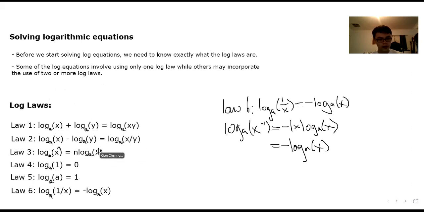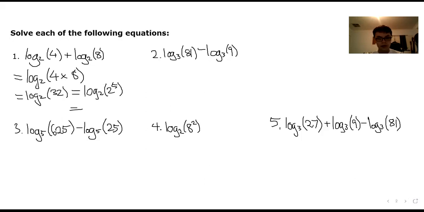So now we need to use log laws 3 and 5 to complete this. This 5 will just be on this side, and then we just have log 2 to the 2, so we're using log law 3.